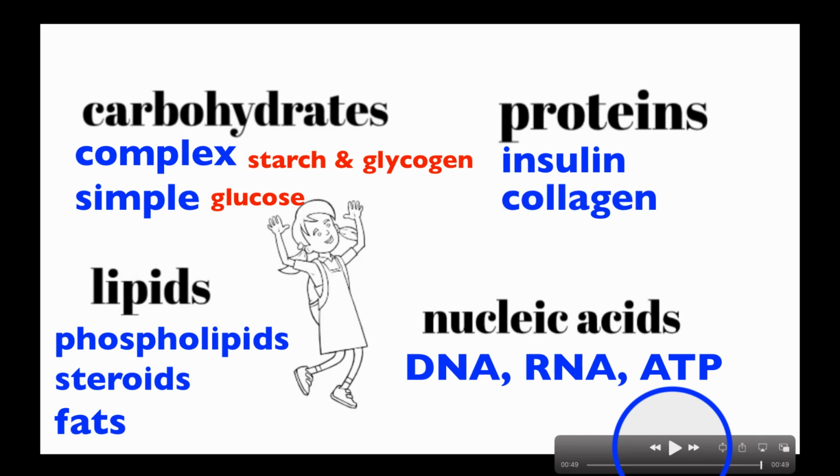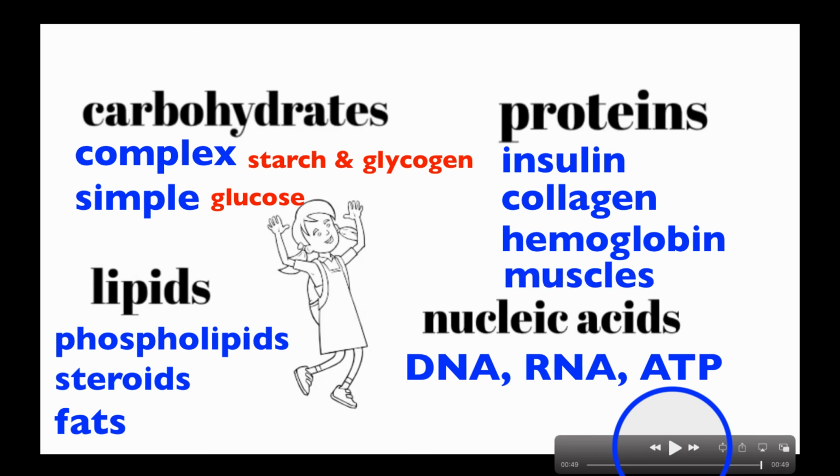Collagen, which is a structural molecule, is a protein. And collagen is the most ubiquitous protein throughout the body. Hemoglobin, found within red blood cells that helps transport oxygen and to a lesser degree carbon dioxide, is a protein. Muscles are made out of myofilaments that are composed of proteins. So those are the biomolecules and the biochemical environment of our body.